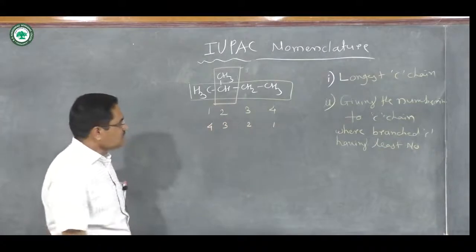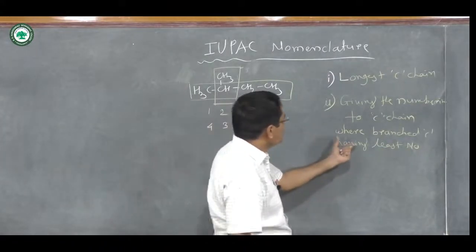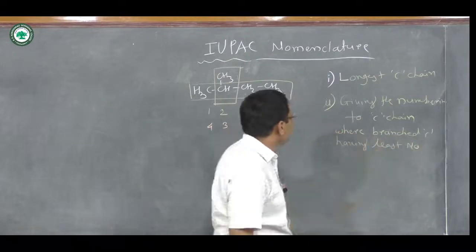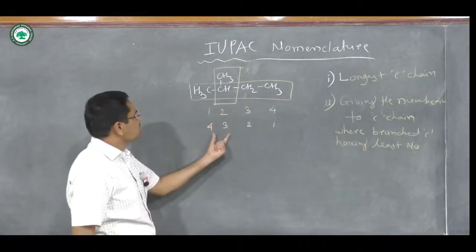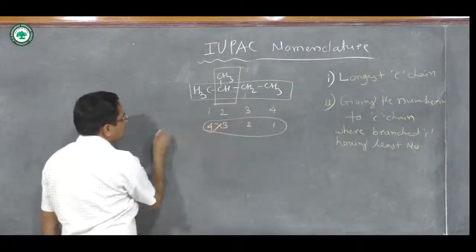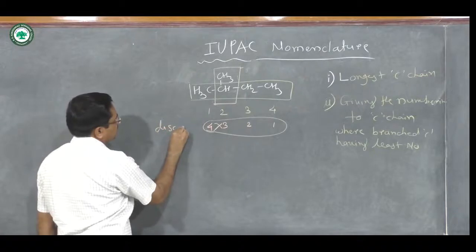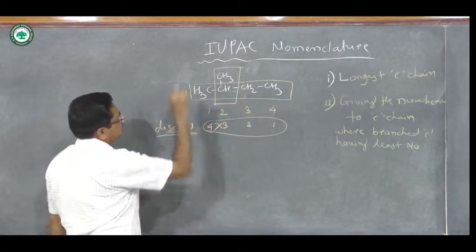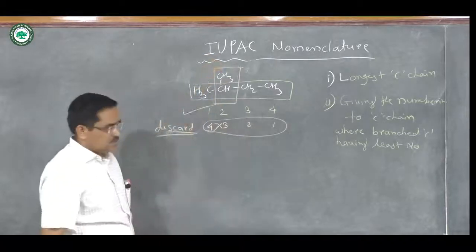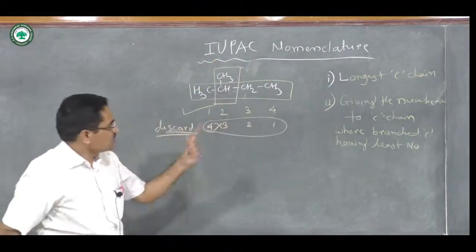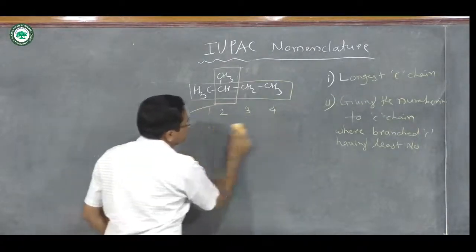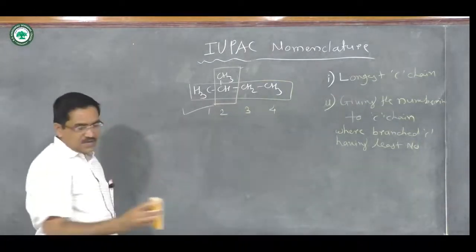But as per the rule, the branch carbon should have the least number. So this one is discarded, and this one is the correct numbering. So the second step is giving the numbering to that carbon chain.